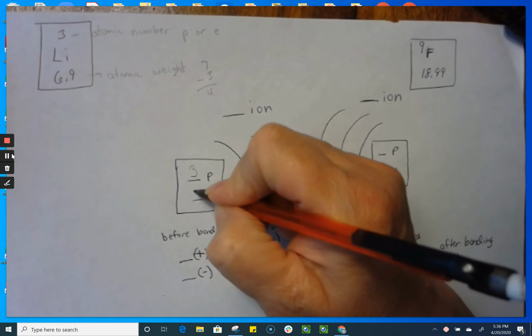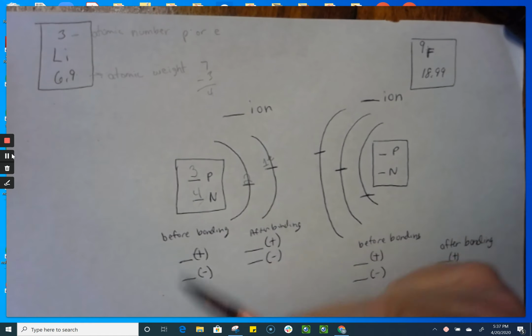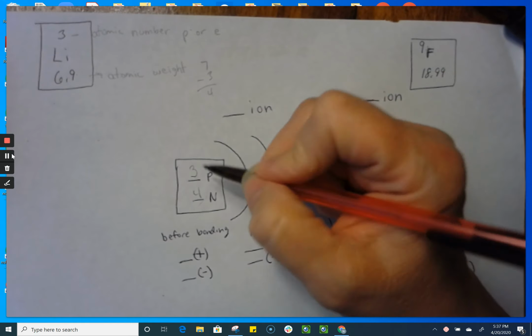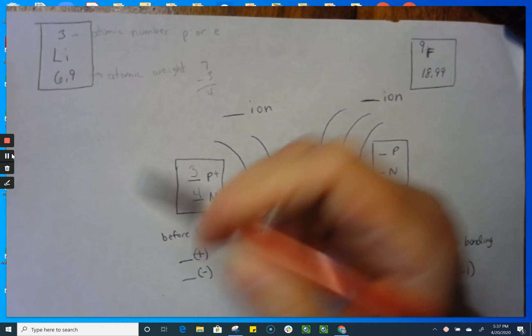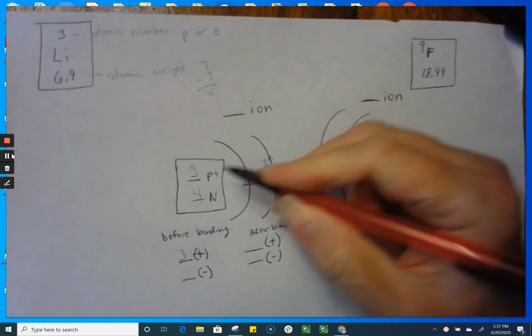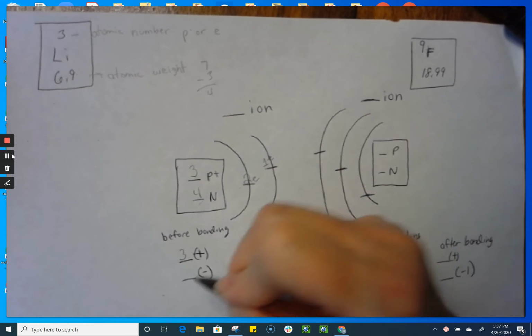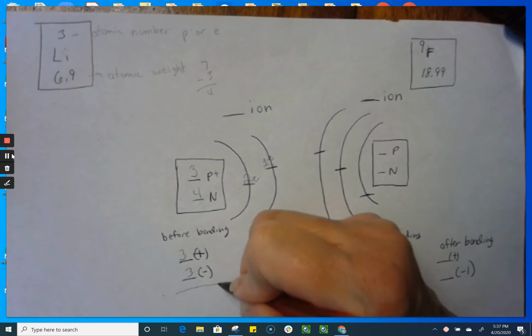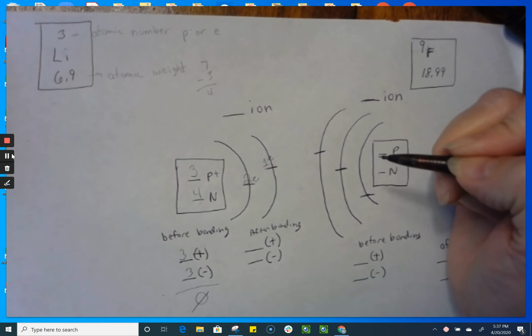That leaves you with 4 neutrons in the nucleus. If we're talking about the charges, remember that the protons carry a positive charge. So if you have 3 protons, you have 3 positive charges. If you have 3 electrons total, then you have 3 negative charges. So before the bonding occurs, this atom is neutral or has no charge.